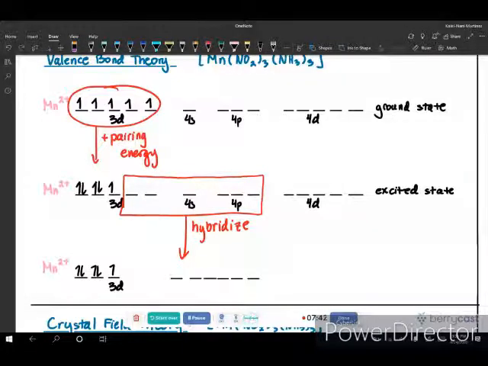We're going to simplify this as d2sp3, because we have hybridized 2 d orbitals, 1 s orbital, and 3 p orbitals. Now we can fill in the bonding to ligands. So here we have 6 sigma bonds.